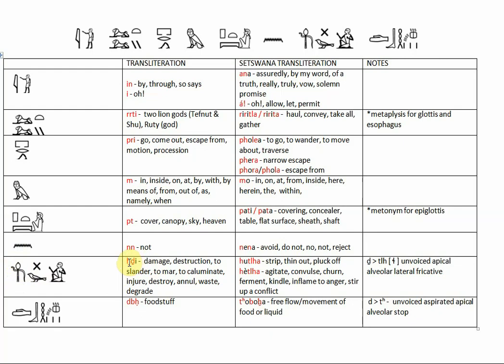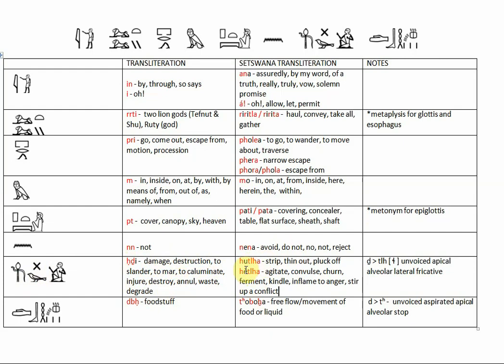These are the only set of glyphs that are actually articulated. These are just acting as determinatives. And here we have the word haji. Haji: damage, destruction, to slander, to mar, to calumniate, to injure, destroy, annul, waste, degrade.